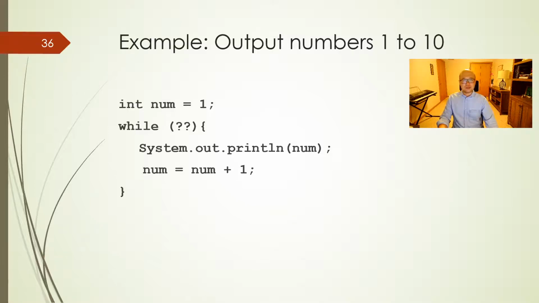We don't want to keep printing numbers greater than 10. So if num is greater than 10, we want the while statement to stop. So the stop condition is num is greater than 10.